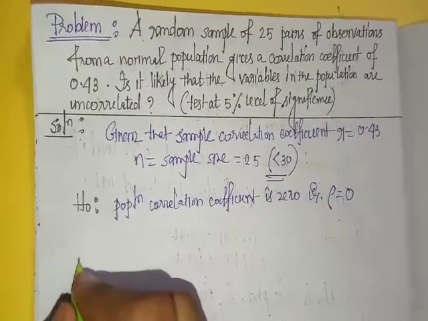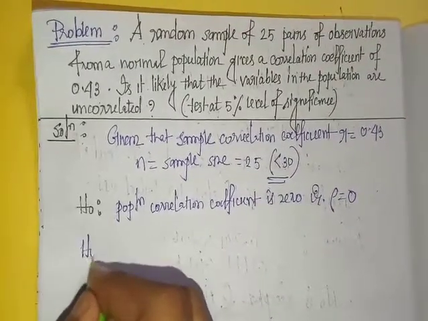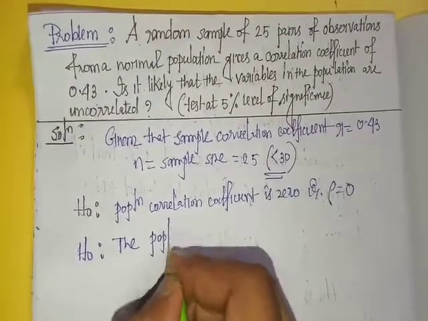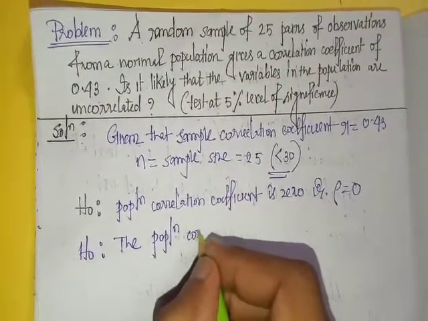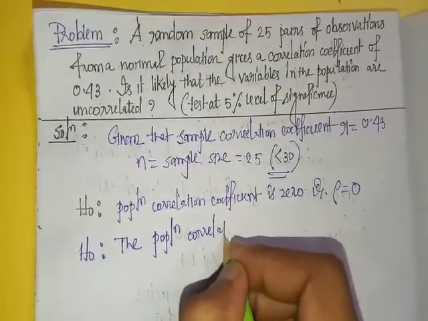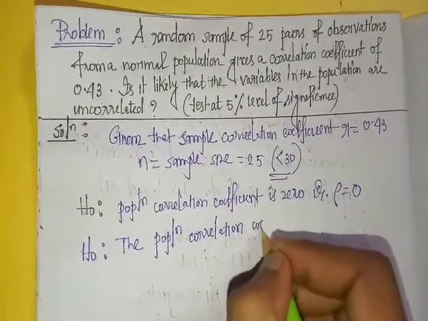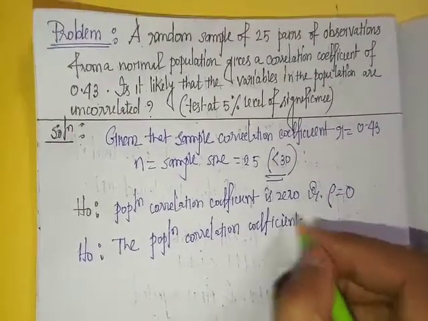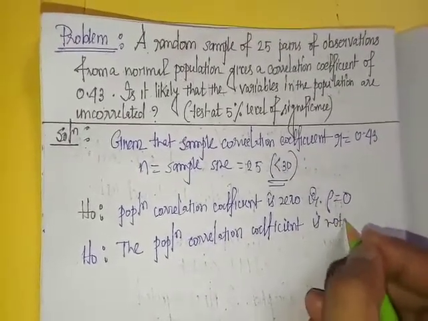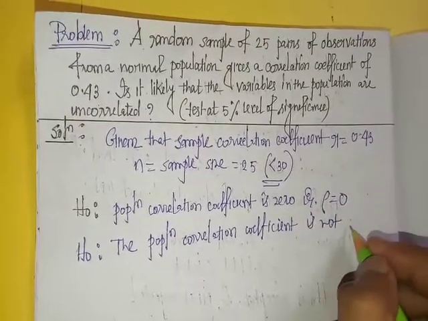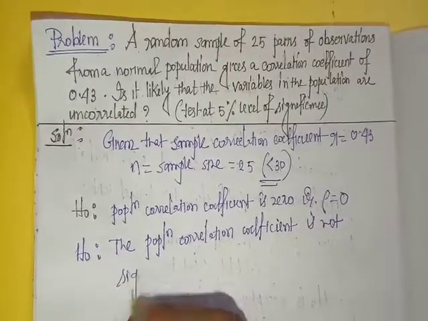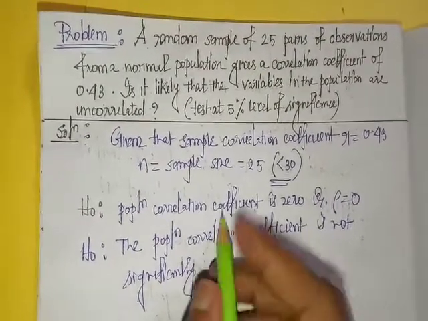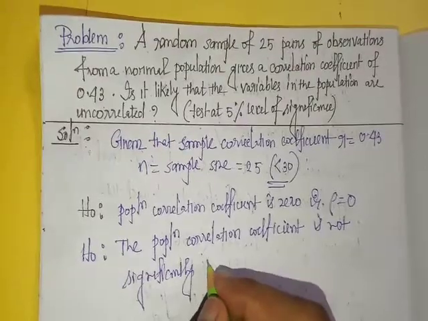Rho equal to 0 means the population correlation coefficient is not significantly different from 0.